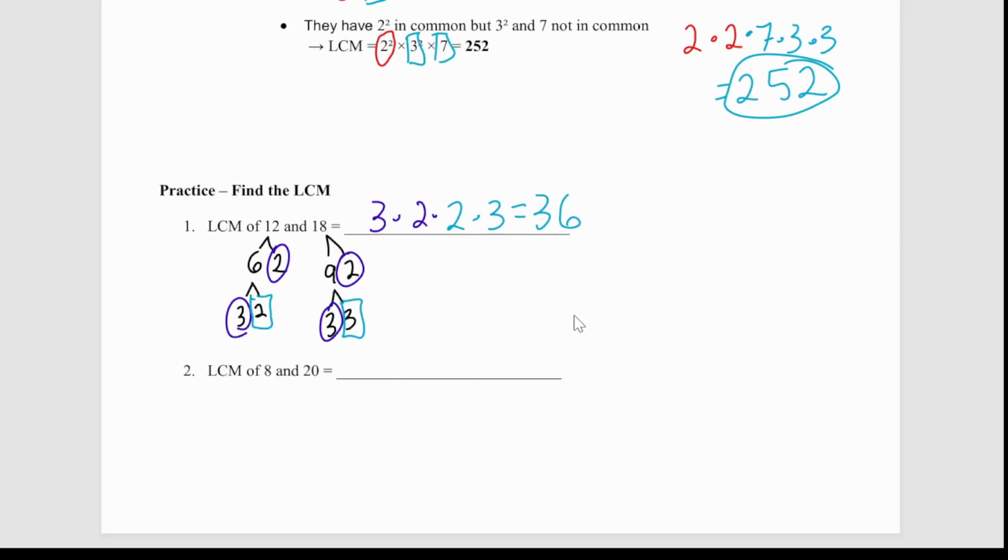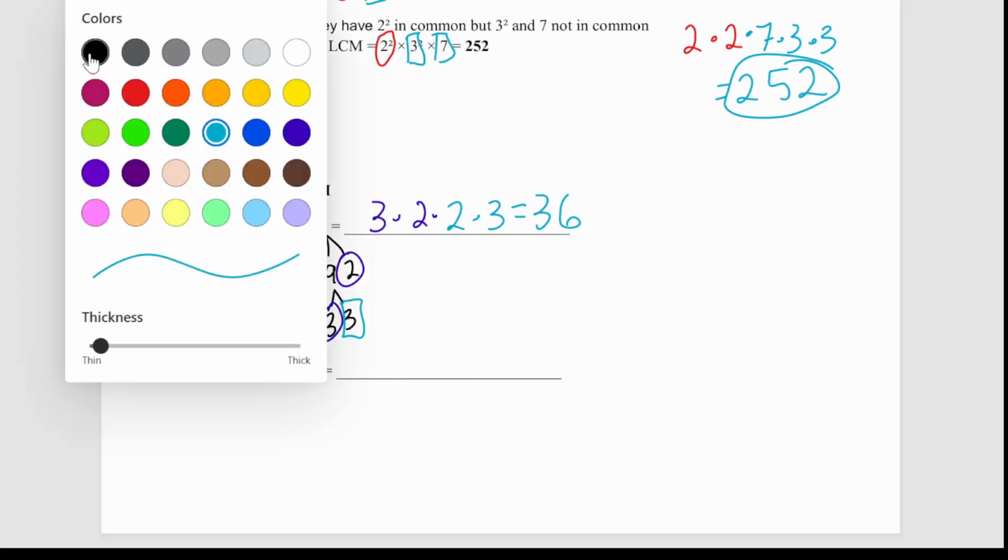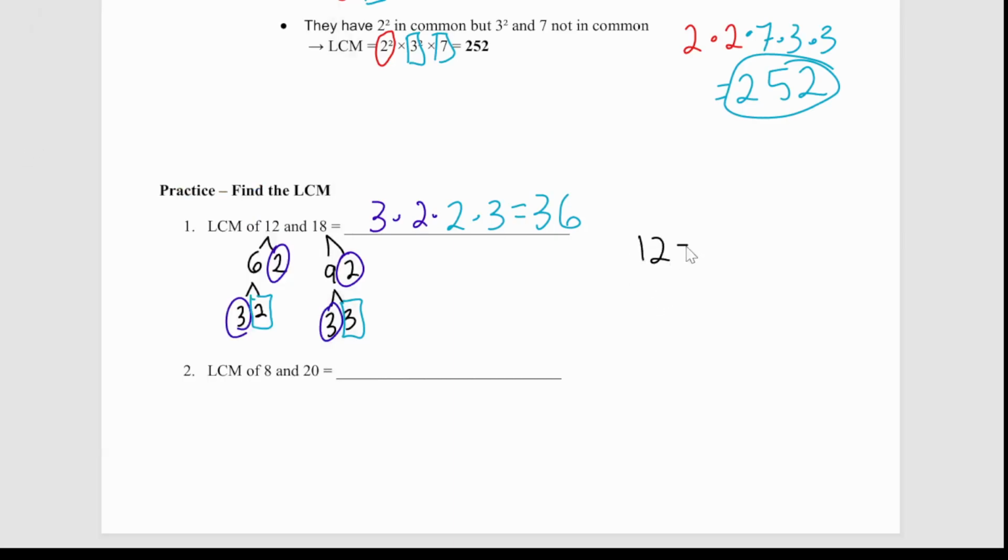If you prefer to see this in the exponential form, what you would have noticed is that 12 is equal to 3 times 2 squared, and 18 is equal to 2 times 3 squared. So they would only have, therefore, a single 2 in common, not the full 2 squared.